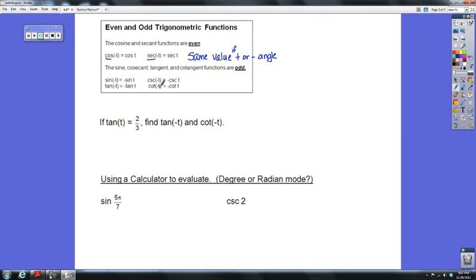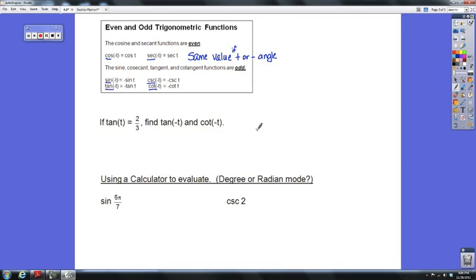For any of the others, if your angle changes to a negative, then your sine or your cosecant or your tangent or your cotangent is going to change to a negative answer.